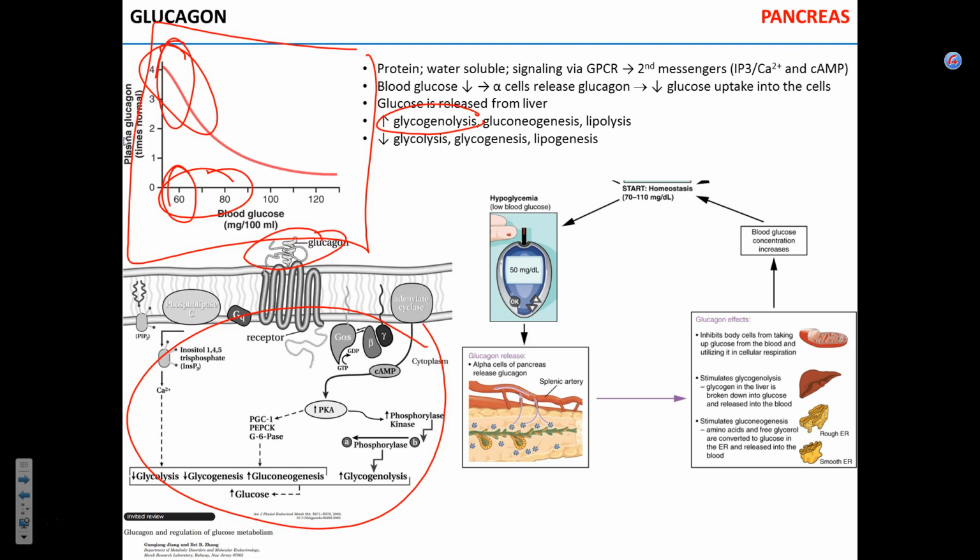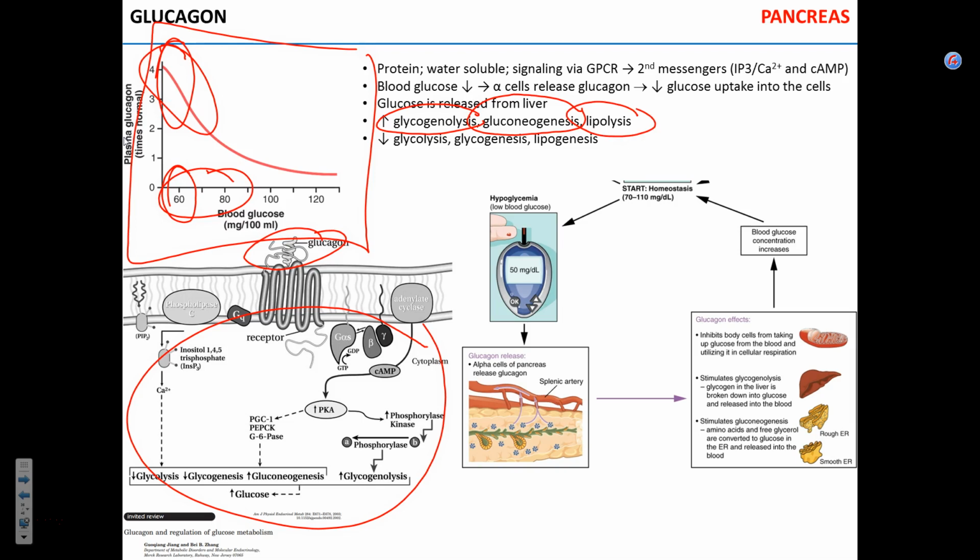In the time of abundance, we used all the glucose. What do we need to do now? Make more. Gluconeogenesis, synthesizing glucose from scratch. In the time of abundance, we stored glucose in the form of fat. Now we need to do what with this fat? If we stored it, now we need to break it down.